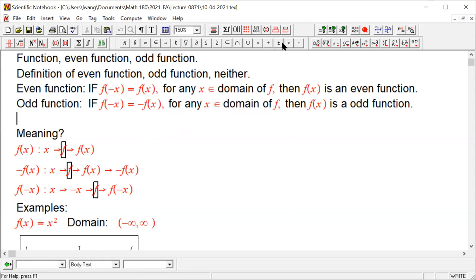So this notation means in. So x is in the domain of f. So you basically chose a number in the domain.